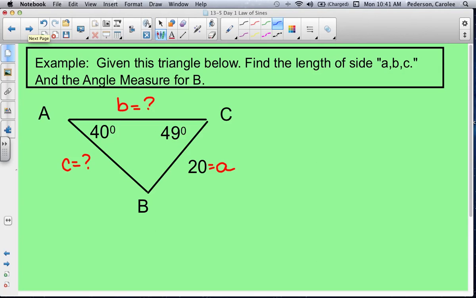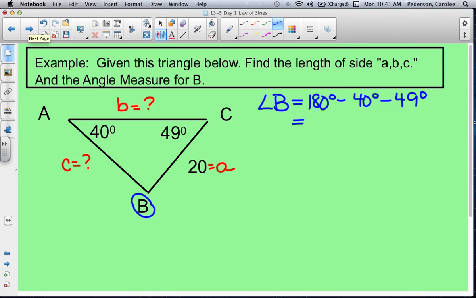So let's start with the first thing, angle B. Angle B, we can use the triangle sum theorem. The triangle sum theorem, if you remember, is the 3 angles in a triangle add up to 180 degrees. So we say 180 degrees minus angle A, which is 40 degrees, minus angle C, which is 49 degrees.